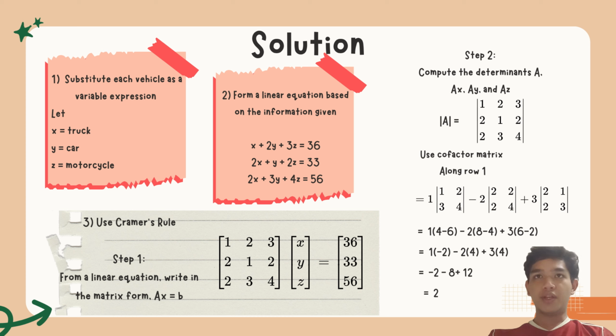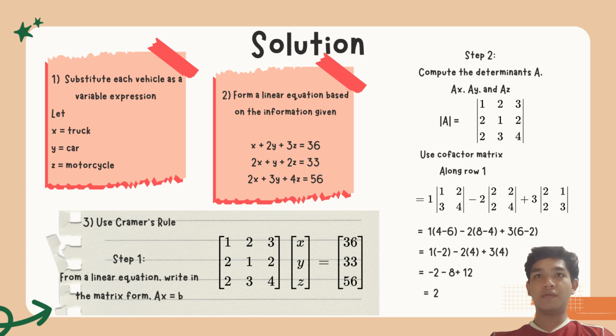Step 2. We need to compute the determinants A, AX, AY, AZ respectively. To find the determinants, we use the cofactor matrix formula. The calculation is, use along row 1 and we get A equals determinant 1, 2, 3, 2, 1, 2, 2, 3, 4.